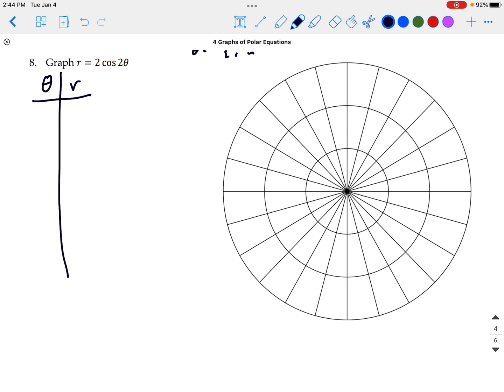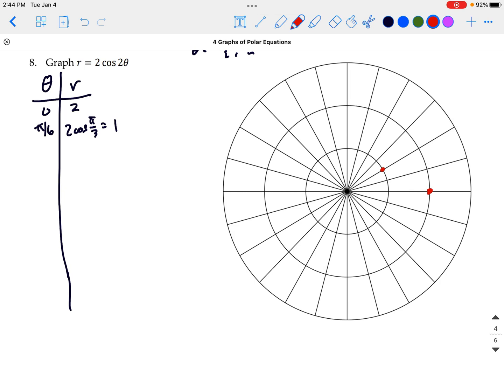So I will make my theta R table here. We'll start at 0, which is obviously going to be a maximum value because cosine of 0 is 1. So we're going to start at 2. Then we'll go to pi over 6 again, maybe, because that'll give us 2 cosine of pi over 3, which is 1/2. So that'll be at 1.